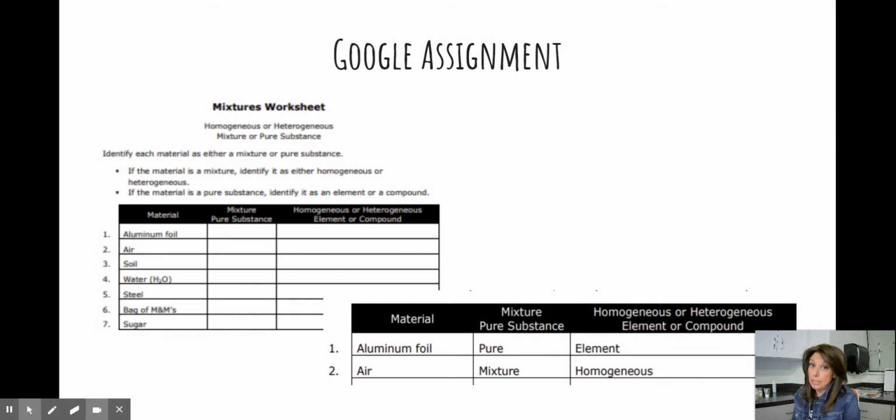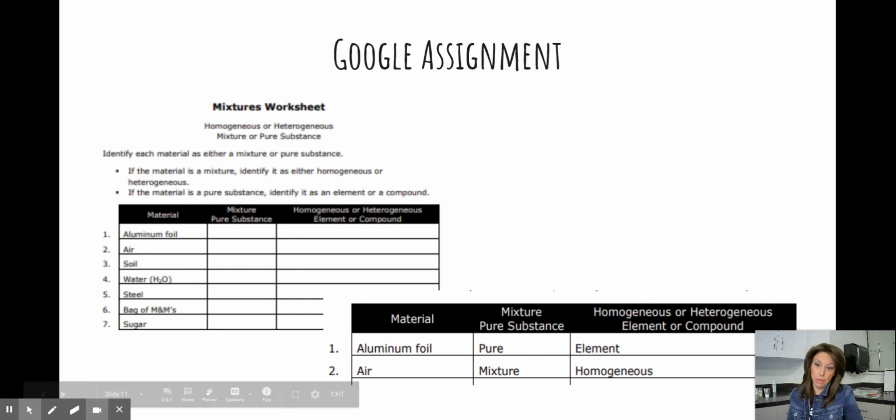If it's a pure substance, is it an element, which would be just one kind of atom, or is it a compound, which would be two kinds of atoms that are chemically combined, like water, H2O, or salt, sodium chloride? That would be a compound.